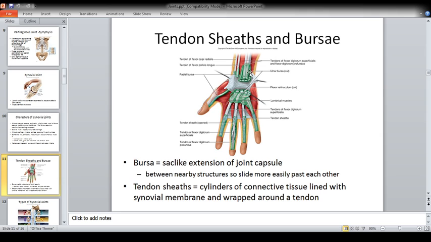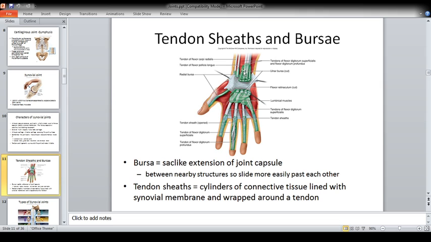Now if we look at the joint between the radius, ulna and the carpals, metacarpals, the joint is present here, but its cavity is extending up till here.